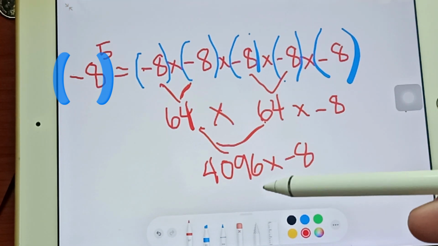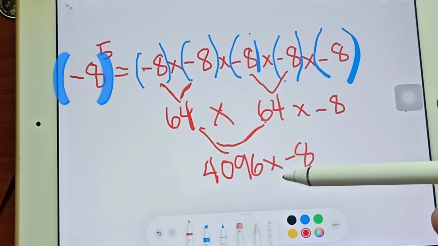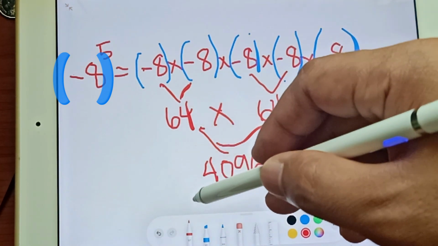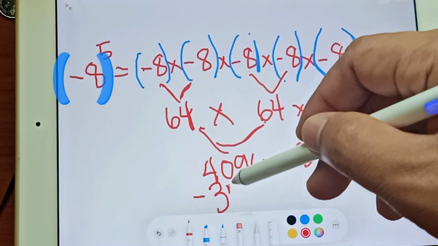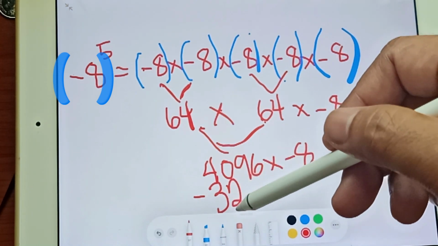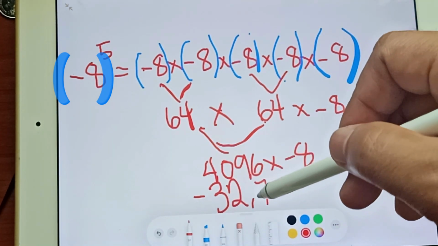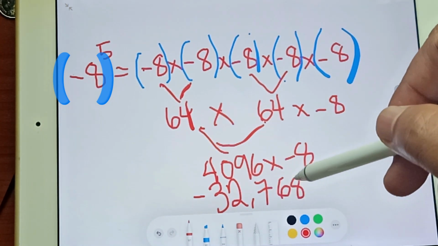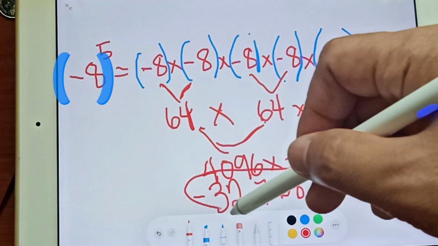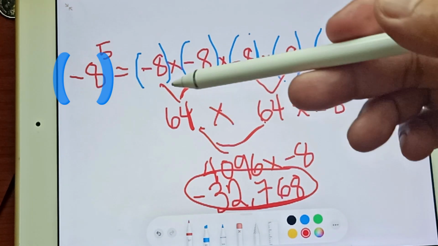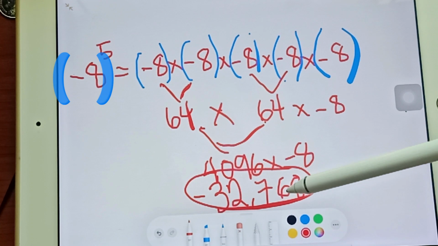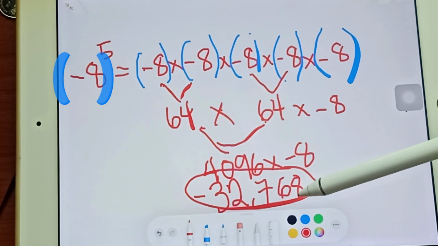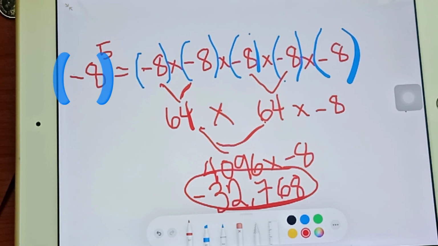So when you multiply 4096 times negative 8, the answer will be negative 32,768. Okay, so this will be the answer. When you evaluate negative 8 to the 5th power, the simplest form is negative 32,768.